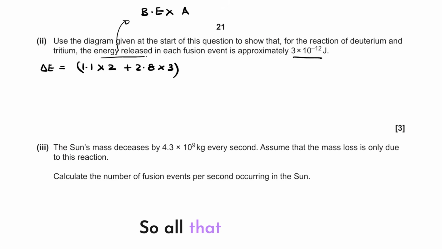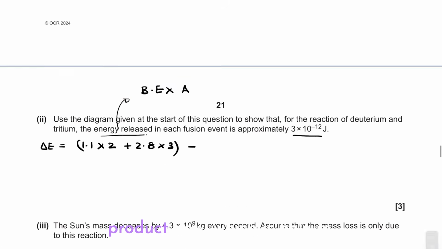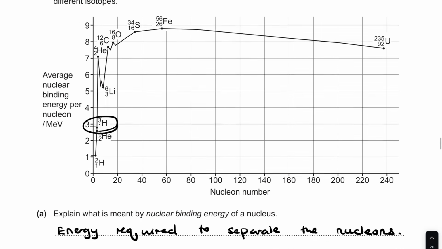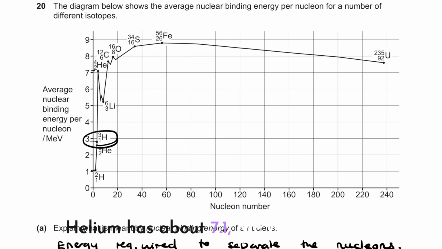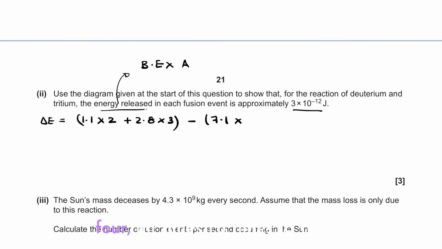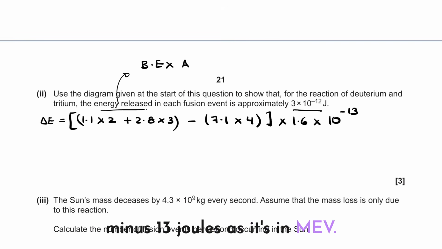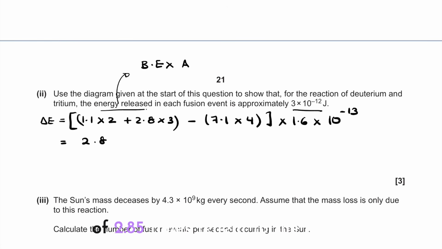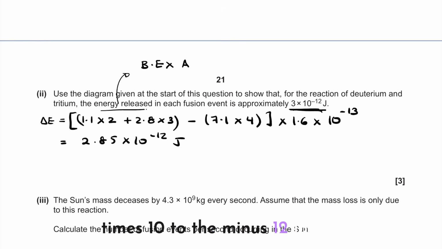All that minus the products, which is helium. Helium has about 7.1 MeV per nucleon and 4 nucleons. So 7.1 times 4, all times 1.6 times 10 to the minus 13 joules, as it's in MeV. That ends up giving us a value of 2.85 times 10 to the minus 12 joules, or as they say, 3 times 10 to the minus 12 joules.